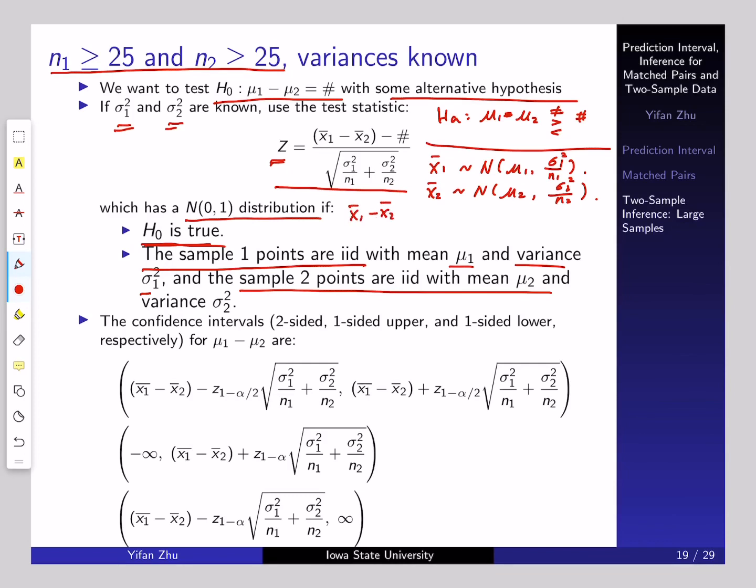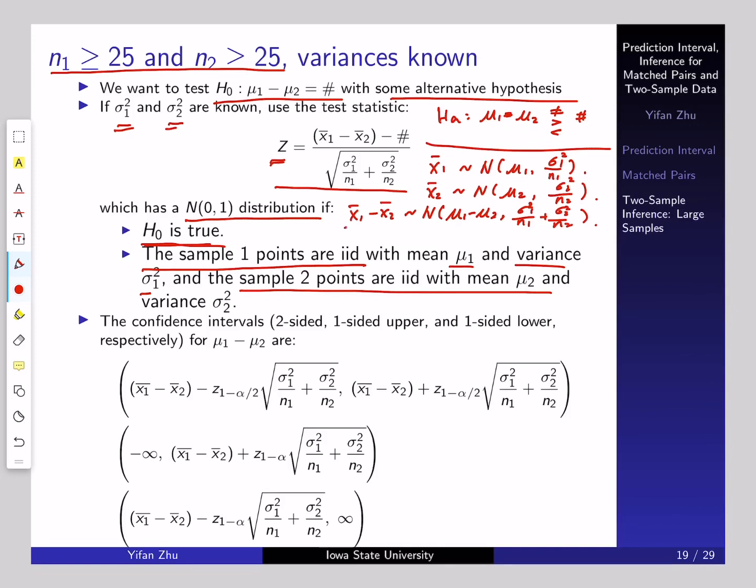Then what is the distribution of x1 bar minus x2 bar? This is a linear combination of two normal random variables, and it would be a normal random variable with mean mu1 minus mu2, and the variance is sigma 1 squared over n1 plus sigma 2 squared over n2.